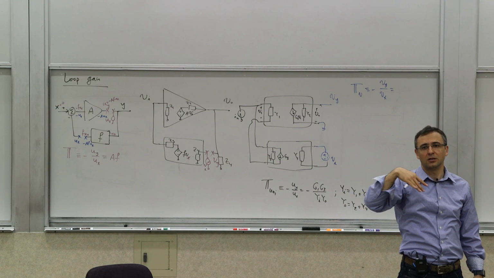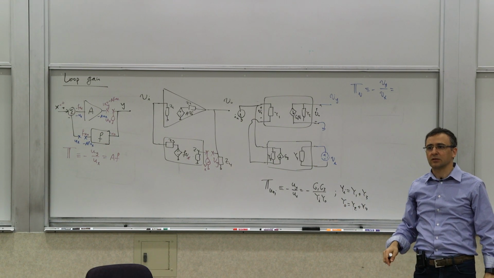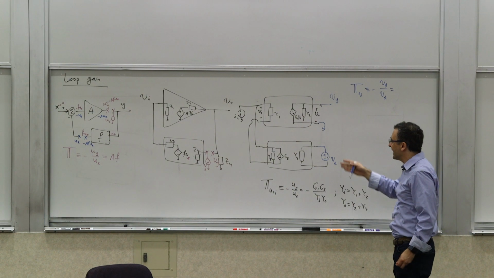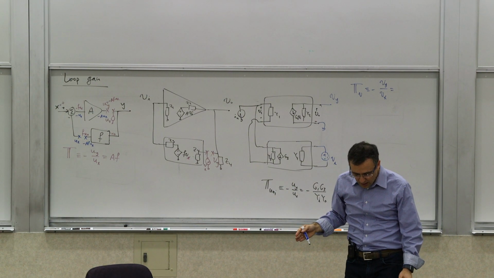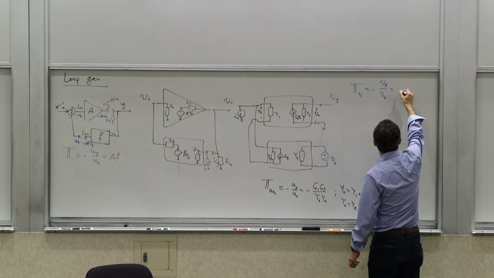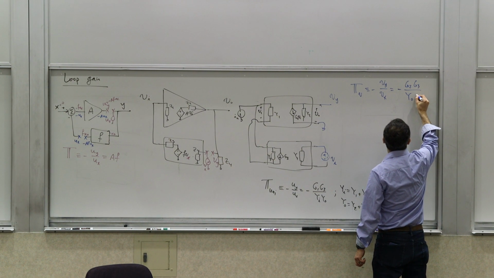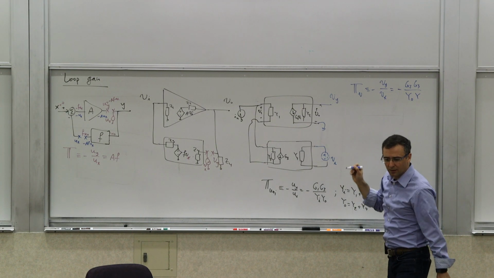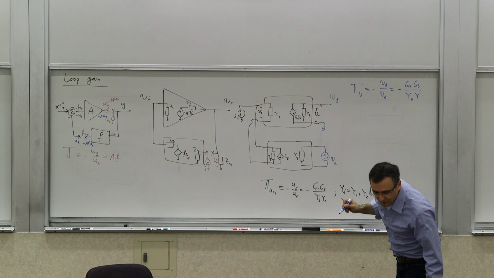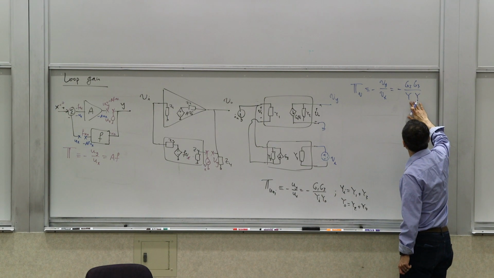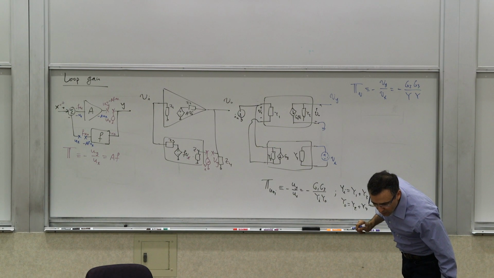It's going to mess it up, I don't care. I'm going to calculate what the loop gain is. And if you do that in this circuit, it's very easy to verify, it would become negative G2, G3, Yo, Y3.